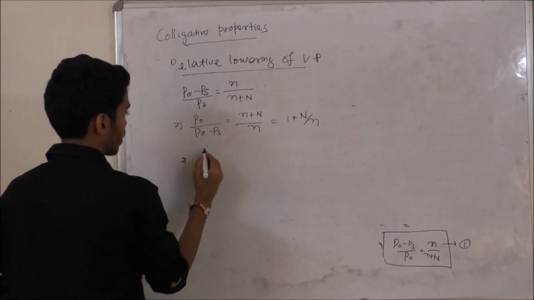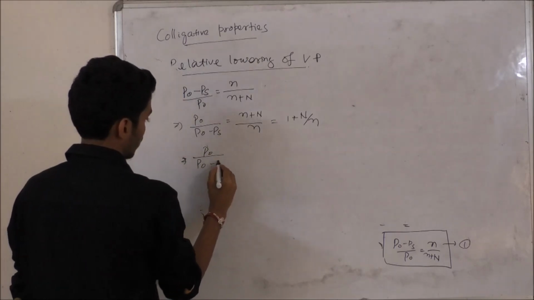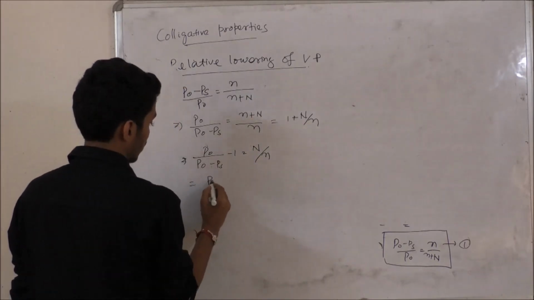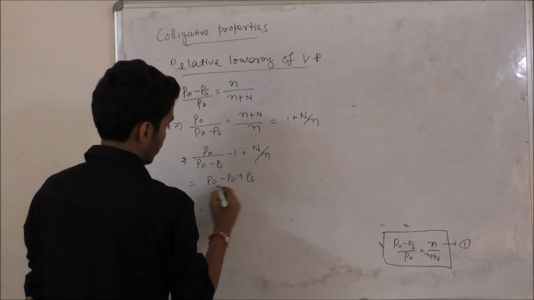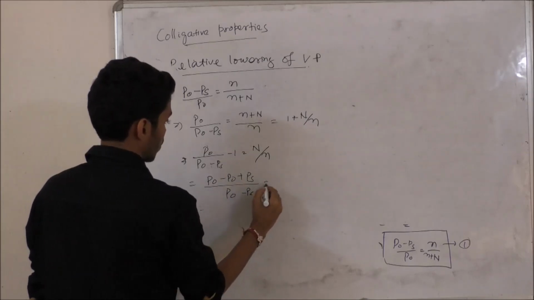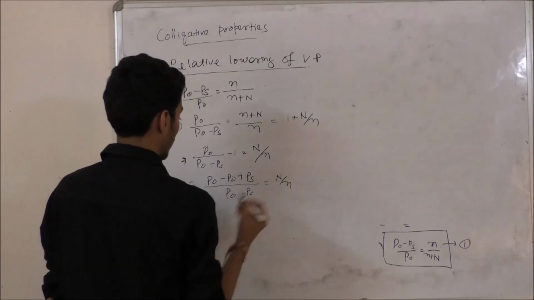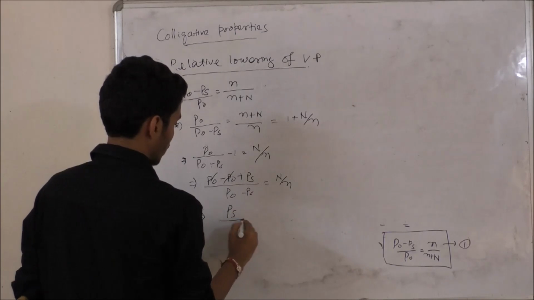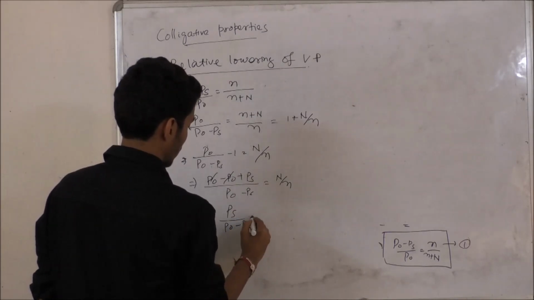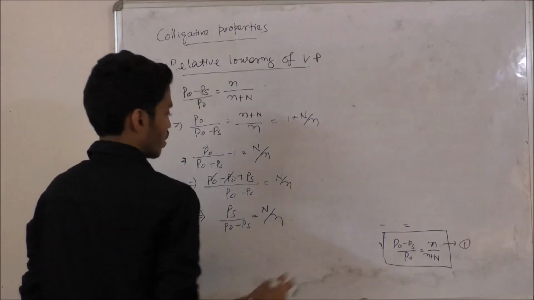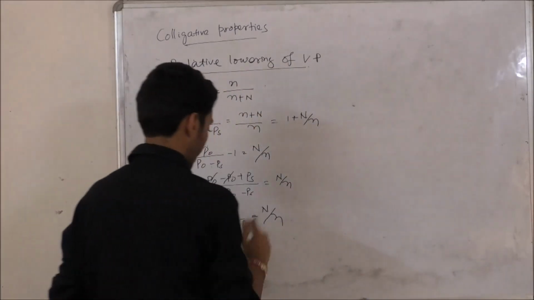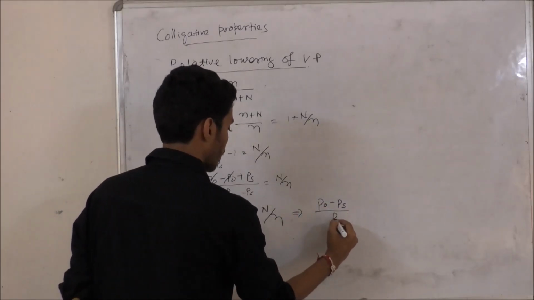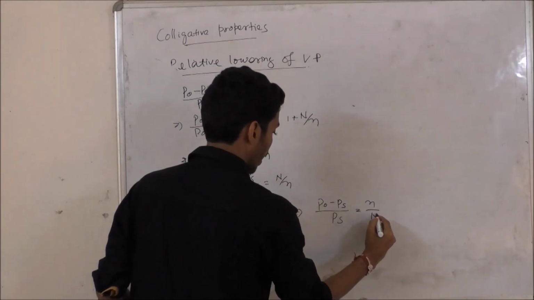If we bring that 1 to the left hand side, again, if we reverse it, P naught minus PS divided by PS is equal to n by N.